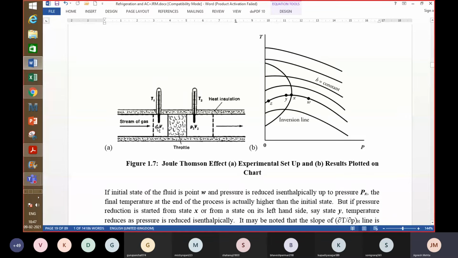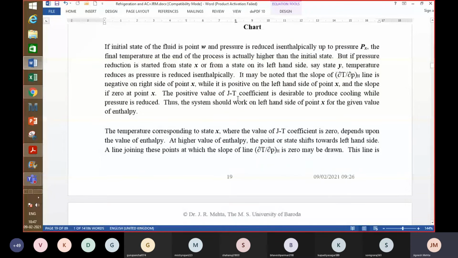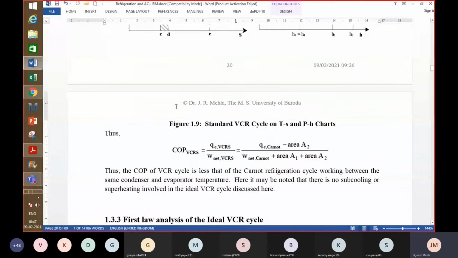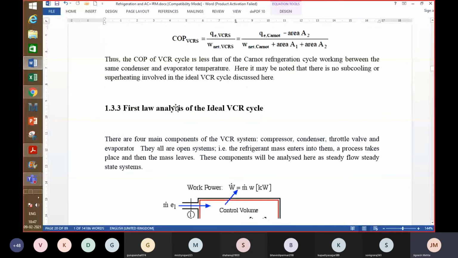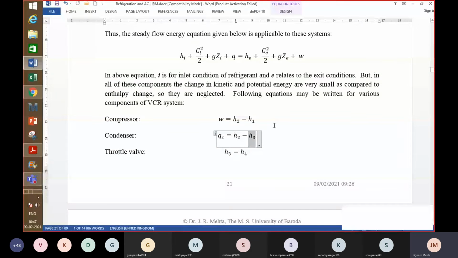So obviously throttling is an irreversible process. Isentropic expansion is a reversible process, but we have not been able to carry that out, and that's why we have implemented the vapor compression refrigeration cycle. Okay, yes. I hope this solves the query, right?